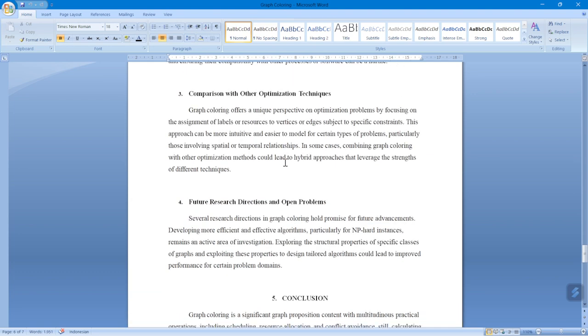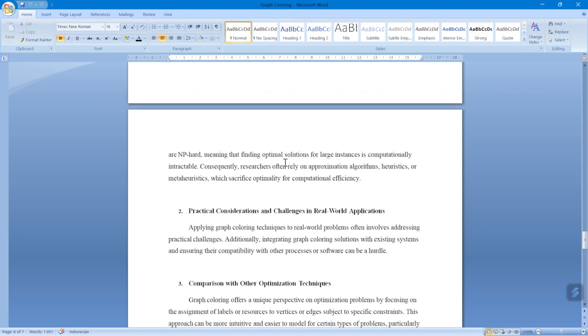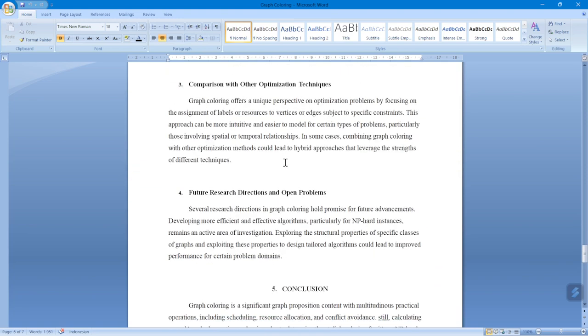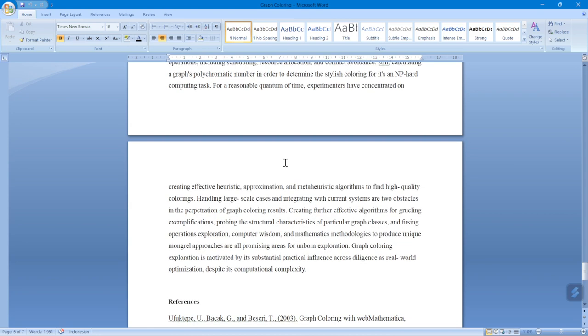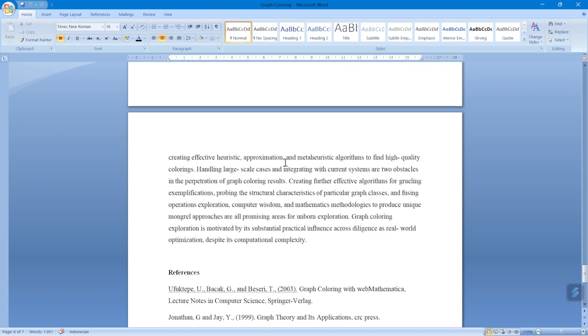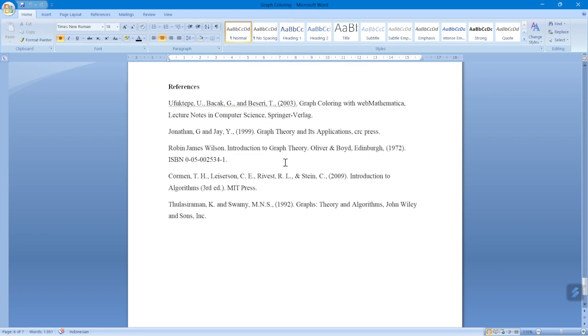Complexity and approach: research has focused on developing efficient heuristic, approximation, and meta-heuristic algorithms to find high quality coloring in reasonable time. These approaches do not guarantee an optimal solution but can provide results with better computational efficiency.